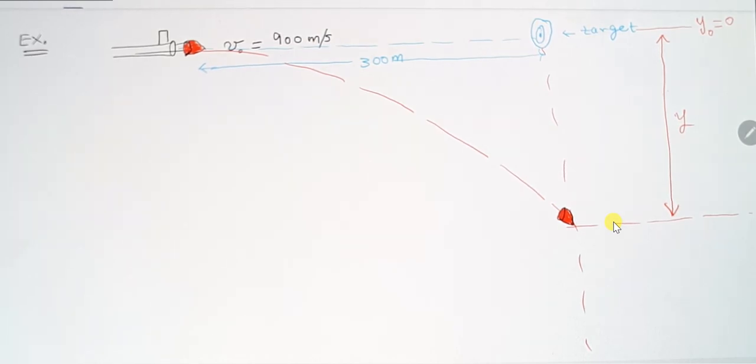Any question before we do the calculation? Okay, when we said that in free fall you need y node, where do you want to have y node?